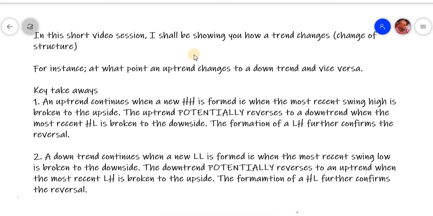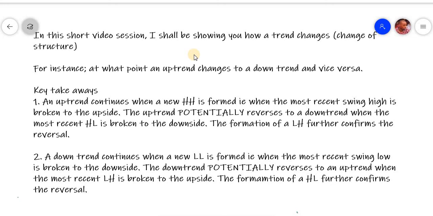When we talk about the structure of a particular market, we are simply talking about the direction of the market, and we have two main categories of structures.